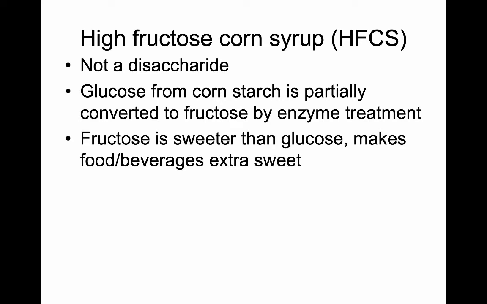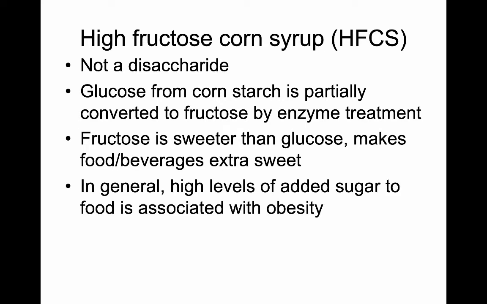And the reason why high fructose corn syrup is often used in the food and beverage industry is that it contains fructose, and fructose is quite a bit sweeter than glucose, which is going to make food extra sweet.